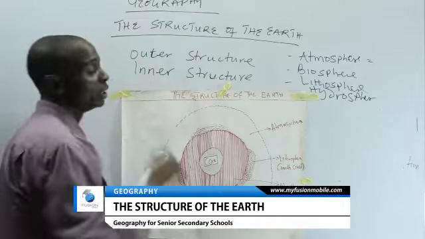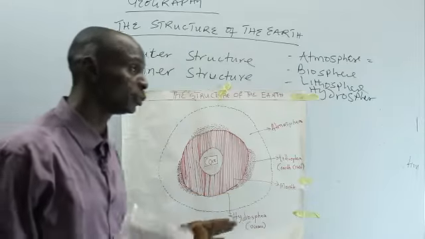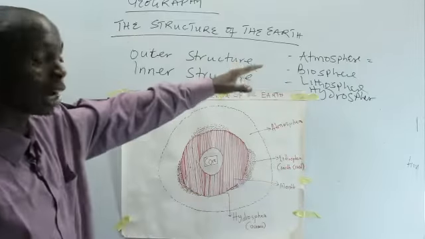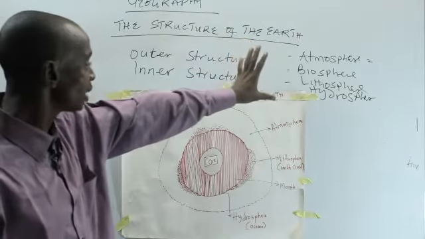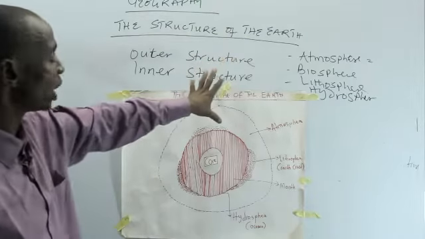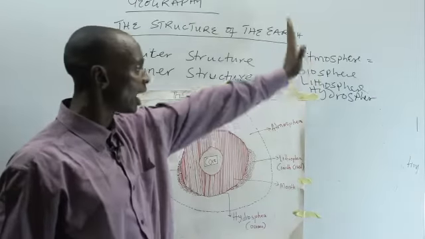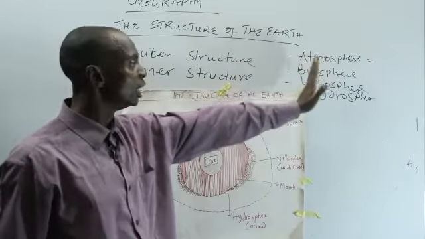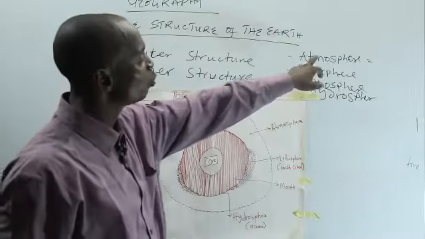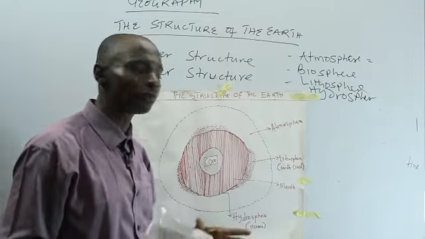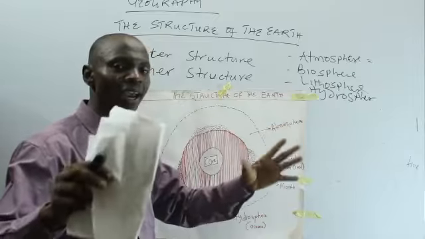Remember, we are dealing with the structure of the Earth, and we say that the structure of the Earth is divided into two. We have the outer structure, the outer layers of the Earth, and then number two, we have the inner structure. And the outer layers are these. Number one, we have the atmosphere. From this word, atmo means a space that is full of air and gases.